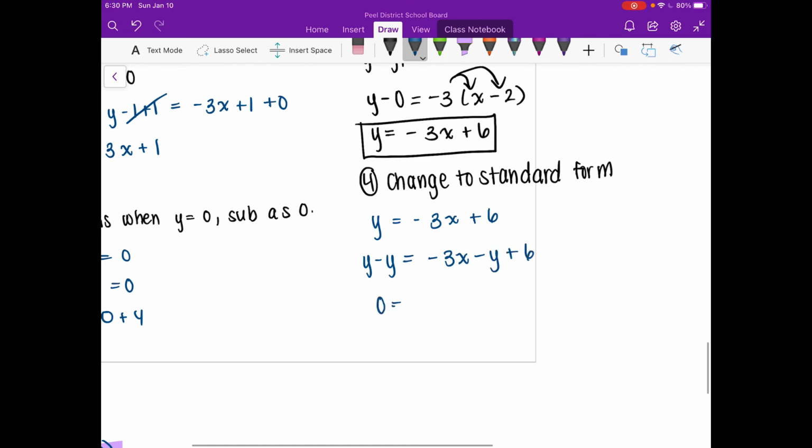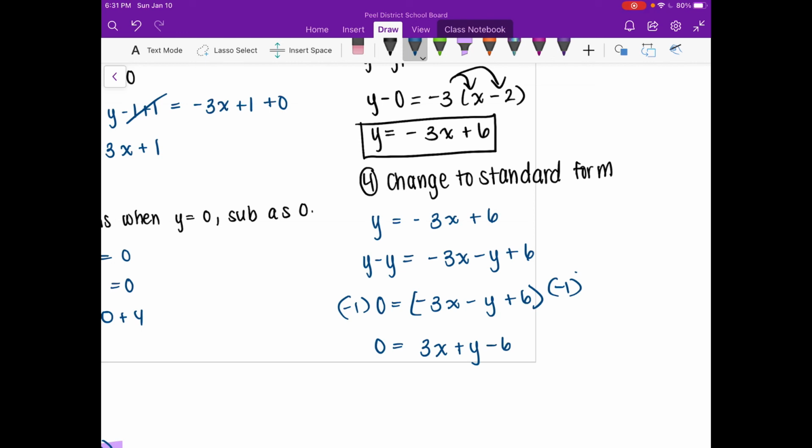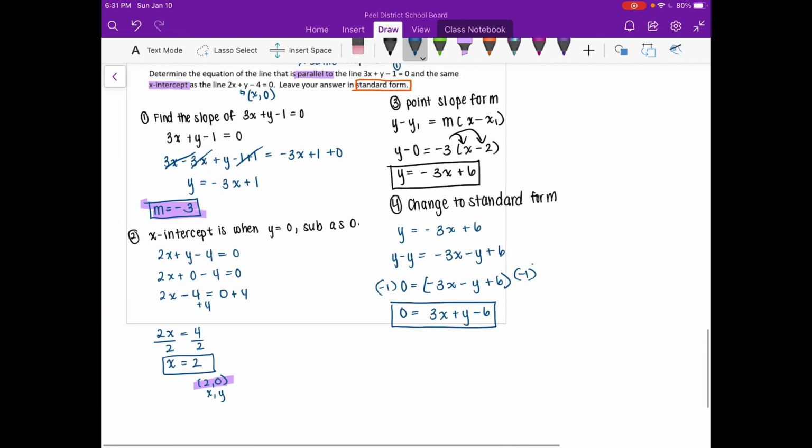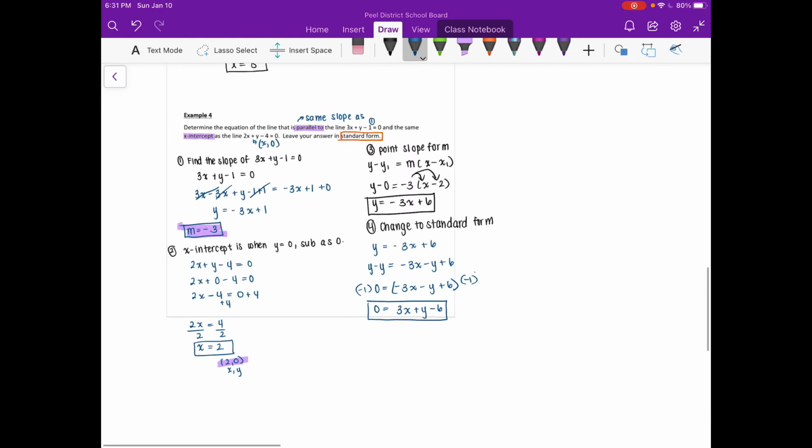So I'm left with 0 equals negative 3x minus y plus 6. I know that I have one big problem here, is that my a is negative, so I'm going to multiply everything by negative 1. 0 equals negative 1 times negative 3 is 3x, negative 1 times negative y is plus y, negative 1 times positive 6 is negative 6, so that's my equation in standard form. And that is the answer to example 4.